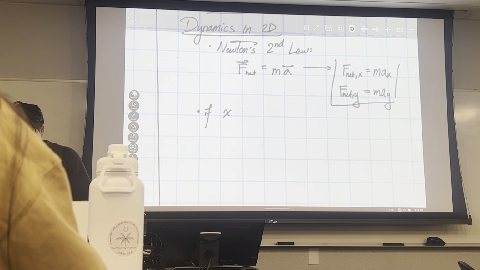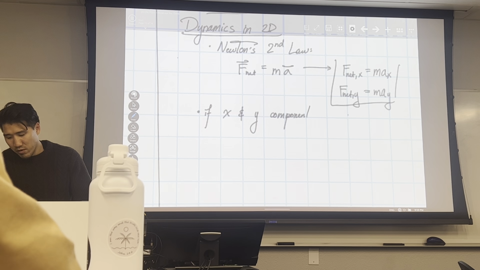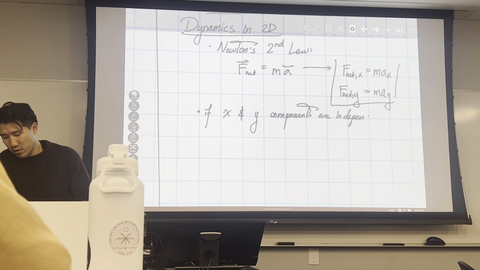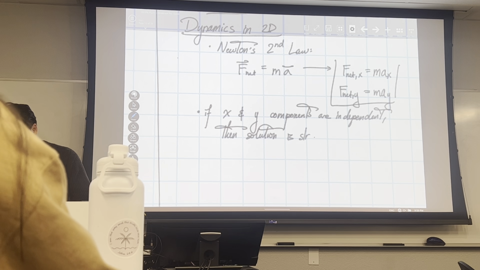Now, if the x and y components are independent, then the solution is straightforward.